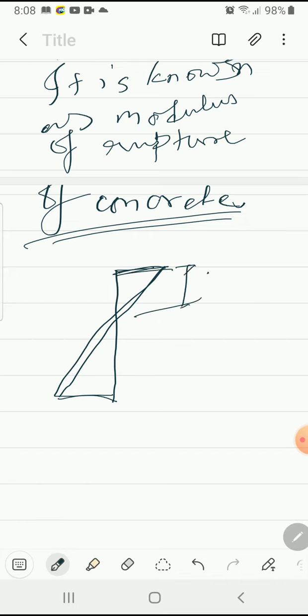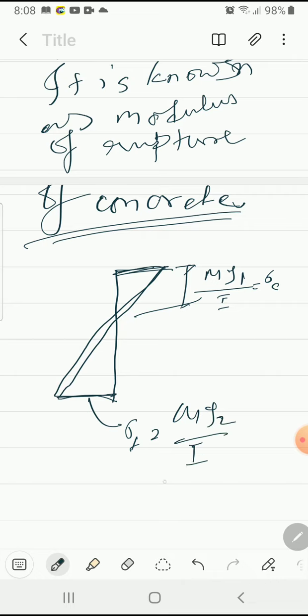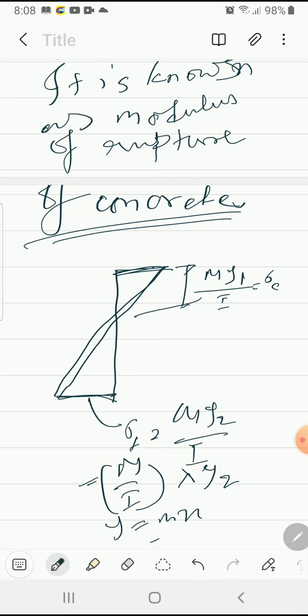this will be M y1 divided by I, and it is compression, and this is sigma t equal to M y2 divided by I, and you see that M divided by I into y2, and this resembles y equal to mx.